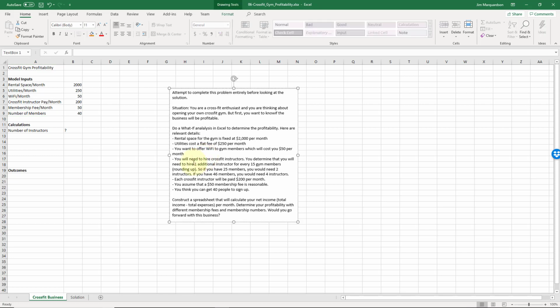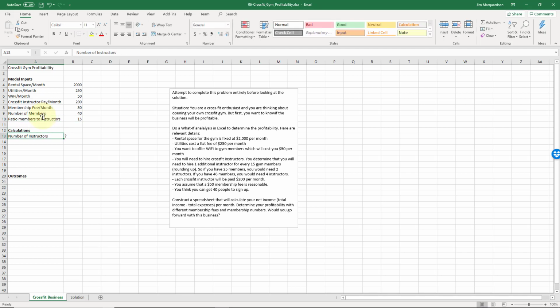Okay. I'll put that as an input, that 15. Ratio members to instructors, 15. Got to do some math there. Okay, so in our calculations, we're just going to have a bunch of formulas. So how do we create this formula?